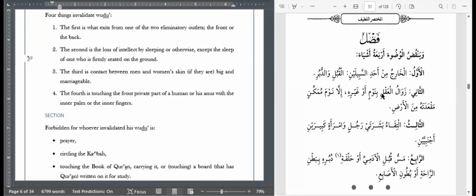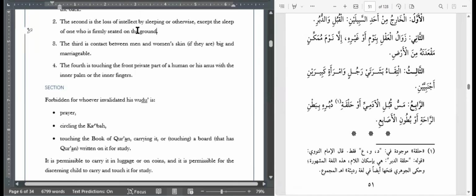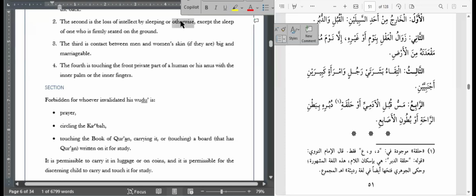So anyway, the second is the loss of intellect, by sleeping or otherwise. What other way can you lose your intellect? Fainting. Fainting or being in a coma is different from sleeping. It's deeper than sleeping. And insanity is also not sleeping.